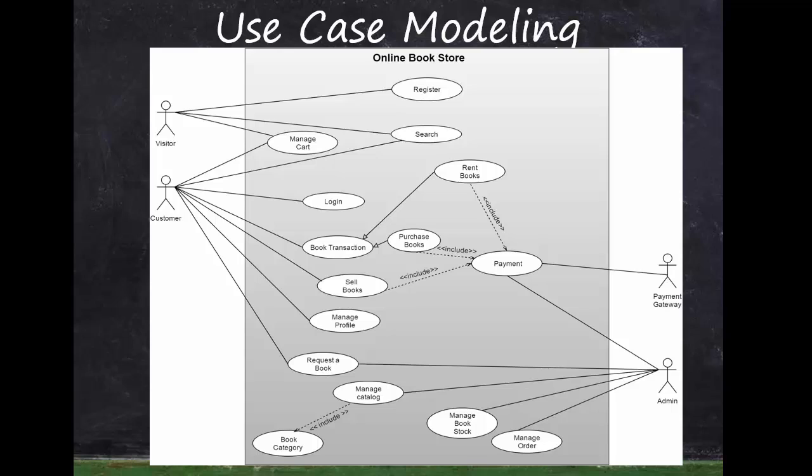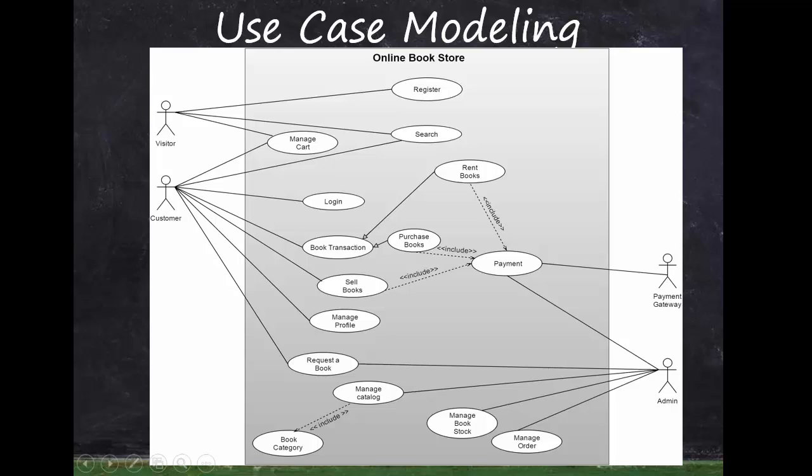So these are the two main specializations in our system: a book transaction could be renting books or purchasing books. Both of these use cases include a payment use case that is handled by the payment gateway. An administrator is linked to the payment because sometimes the payment also needs to be authorized by the administrator.